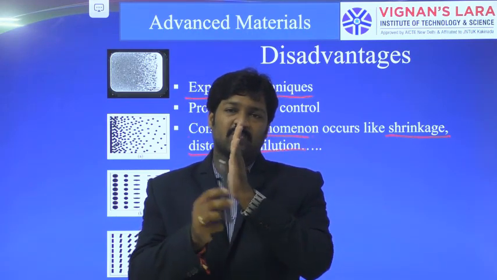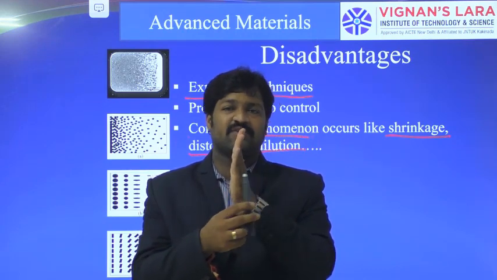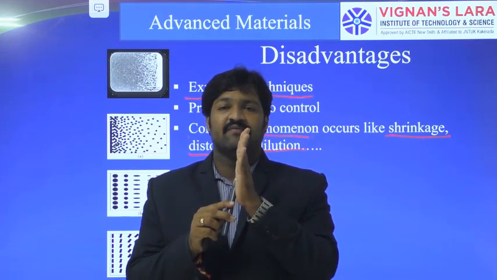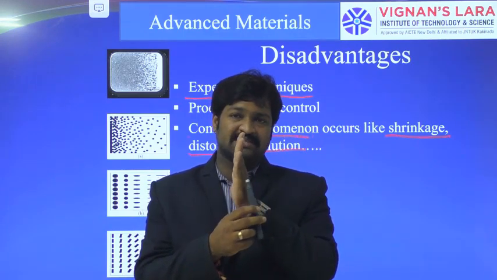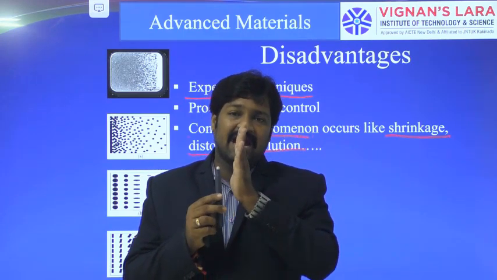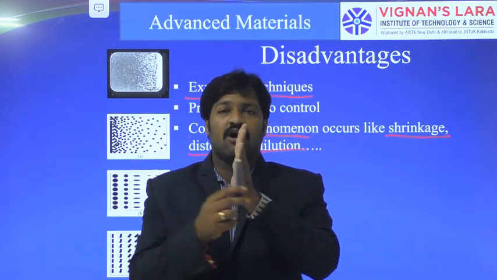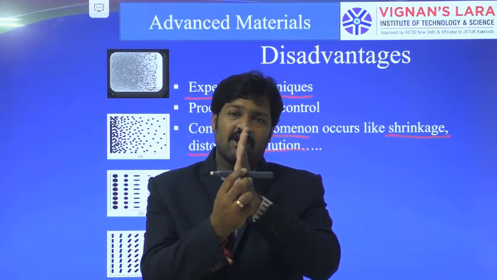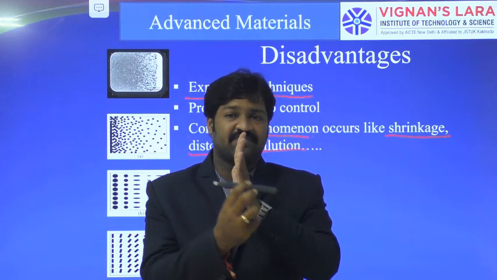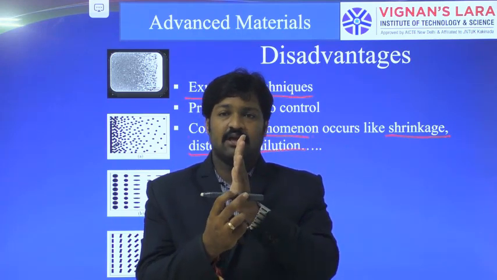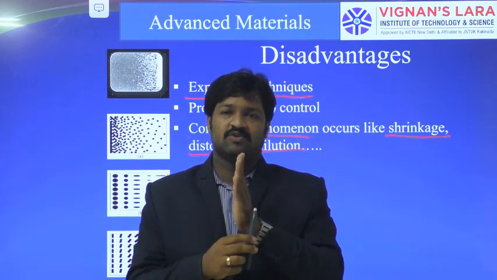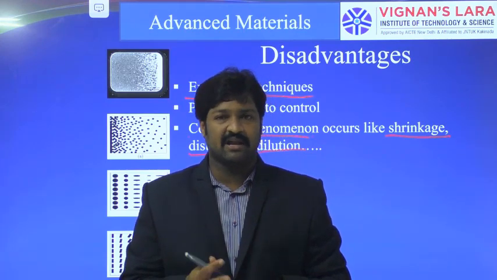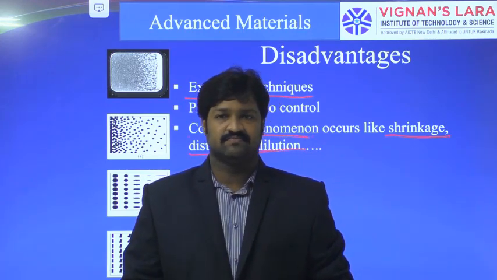These two properties can be obtained by gradually changing the property along the composition, across the direction of the component, so that we can replace many metallic components with FGMs. Thank you.